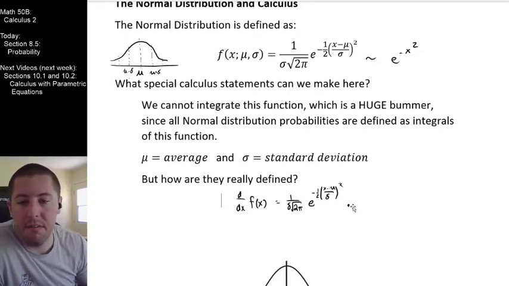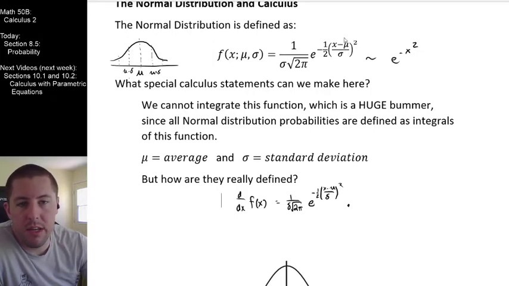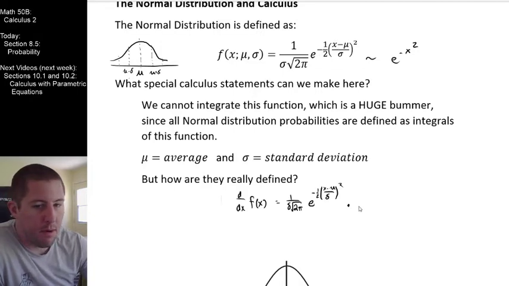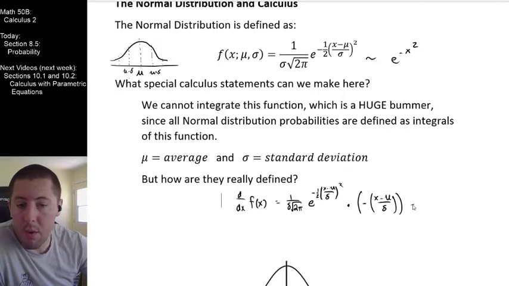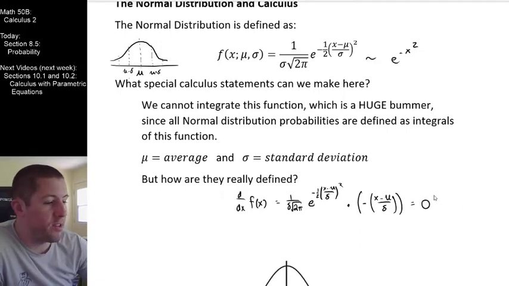times the derivative of the inside function. The derivative of the inside function is this guy here. So it looks like this 2 is going to come down and cancel with the 1/2. The negative survives, and we get the x minus mu over sigma. And we can set this equal to 0 and solve to find out where that value is going to be occurring.